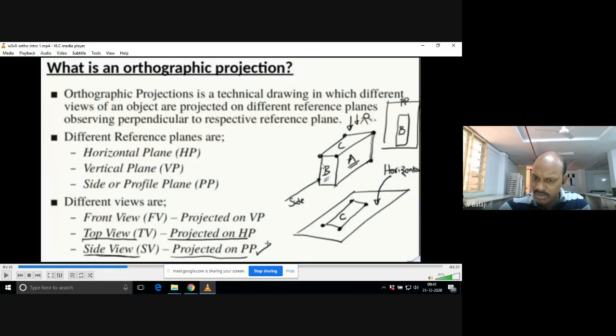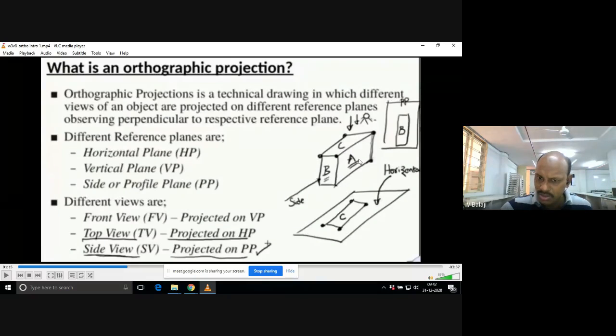Again, the side view is in the shape of a rectangle. You see the face, again a rectangular box, right? So note down, this is the side view. In this way, you need to represent orthographic views, which we call orthographic projection.